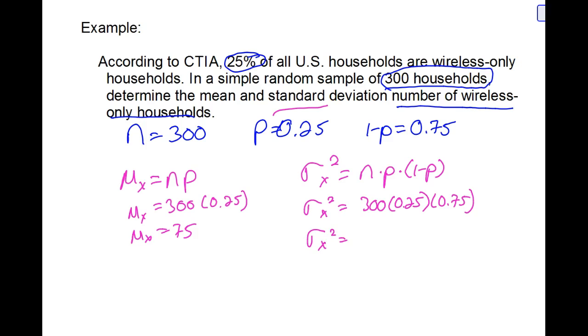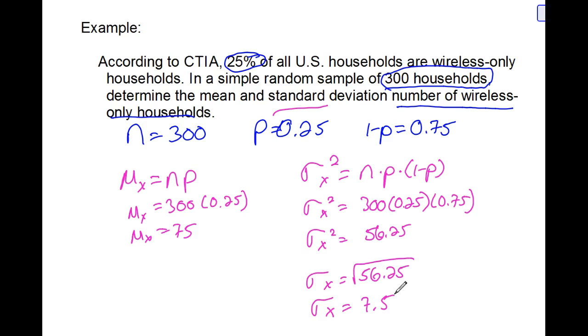So the variance is going to be 56.25. The standard deviation is just going to be the square root of that, the square root of 56.25. So the standard deviation will be 7.5.